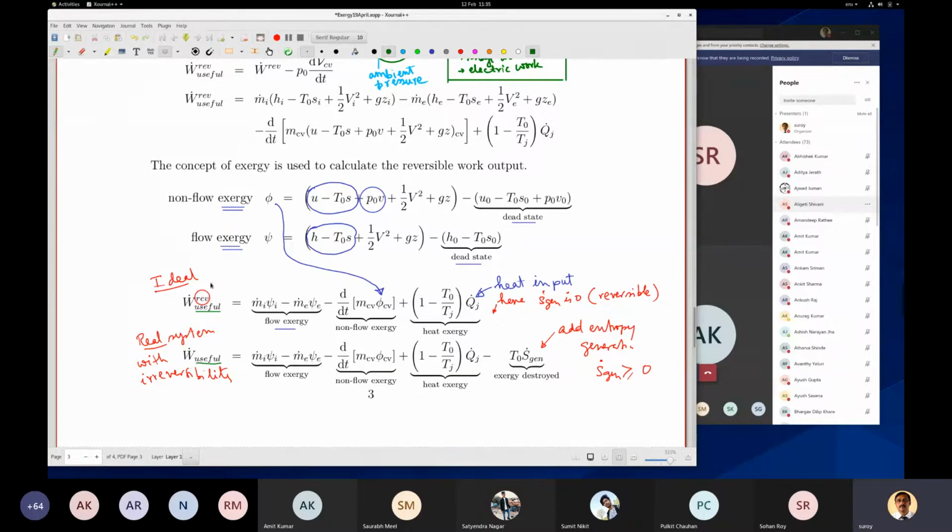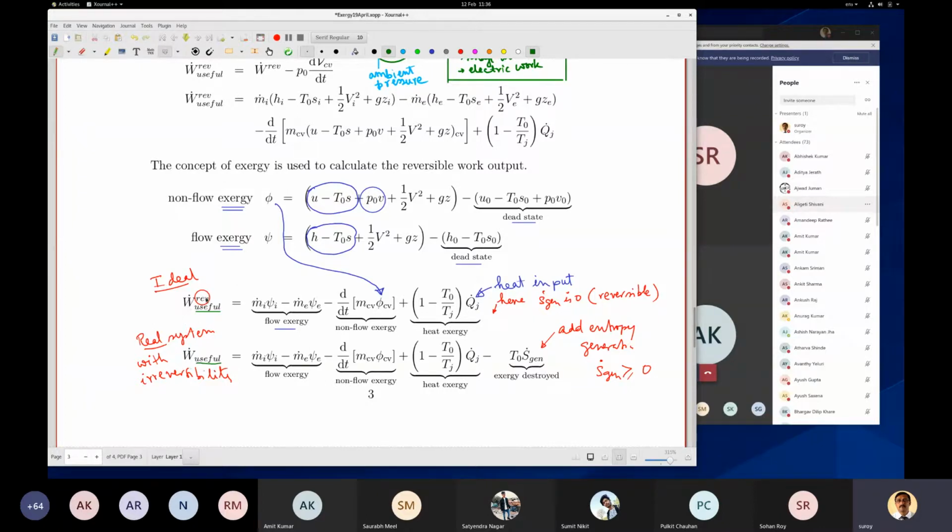So now you have an idea about the energy balance using the first law and the entropy balance using the second law. We can combine energy and entropy balance and come up with exergy, where we are really able to see whether we are able to utilize the thermodynamic system to its full potential or not.